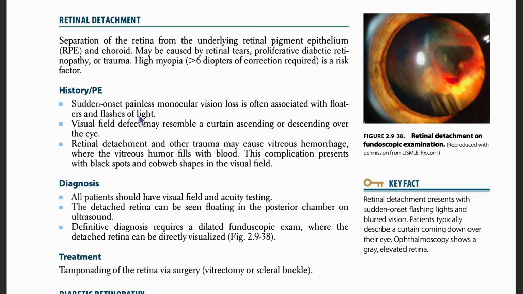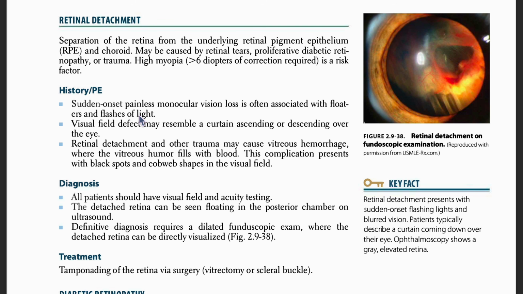Diagnosis: all patients should have visual field and acuity testing. The detached retina can be seen floating in the posterior chamber of the eye on ultrasound. Definitive diagnosis requires a dilated fundoscopy exam where the detached retina can be directly visualized. Treatment here is tamponading of the retina via surgery, vitrectomy, or scleral buckle.